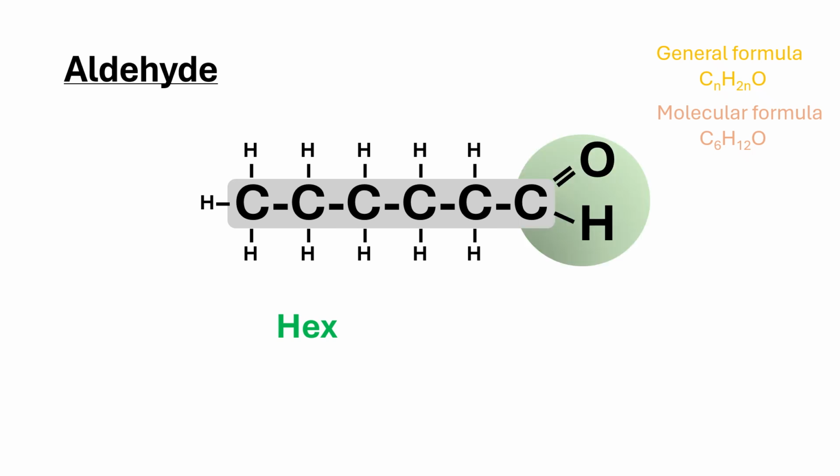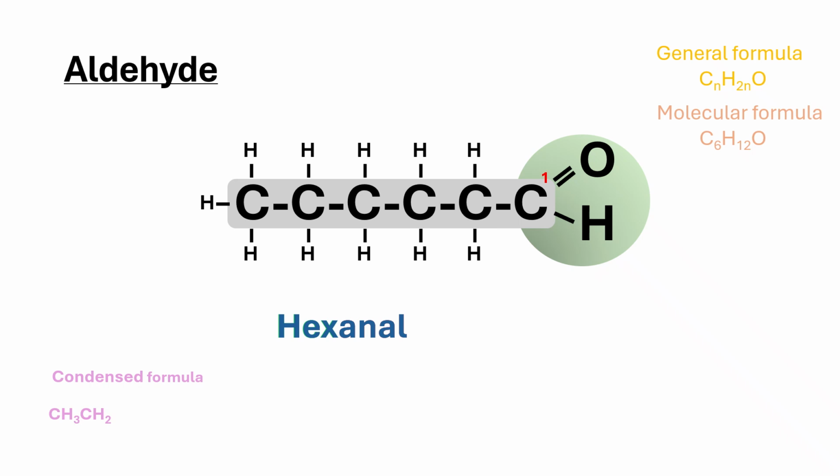Then we've got an aldehyde, so we just have to put the suffix as "anal", remember? But we don't read this as a hexanal, it's hexanal. And because aldehyde is always at the end of the chain, there's no need to number the name. So it's just hexanal. And let's try the condensed formula, reading from left to right.